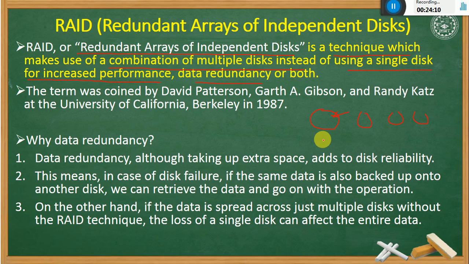Also the redundancy. Redundancy is nothing but a duplication. A duplicate data is present, but it requires extra space. It increases the reliability, it increases the performance, it increases the maintenance and it increases the avoidance of the failure.